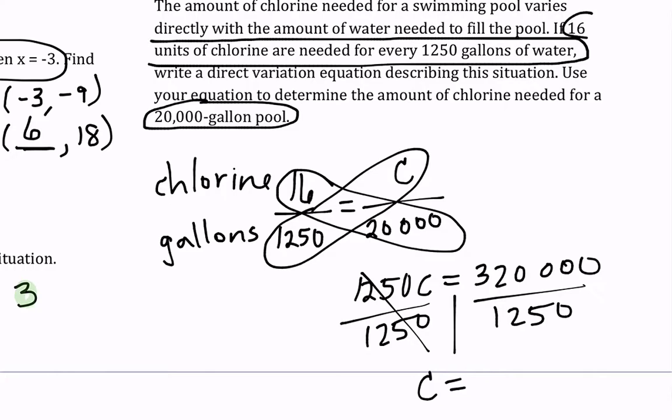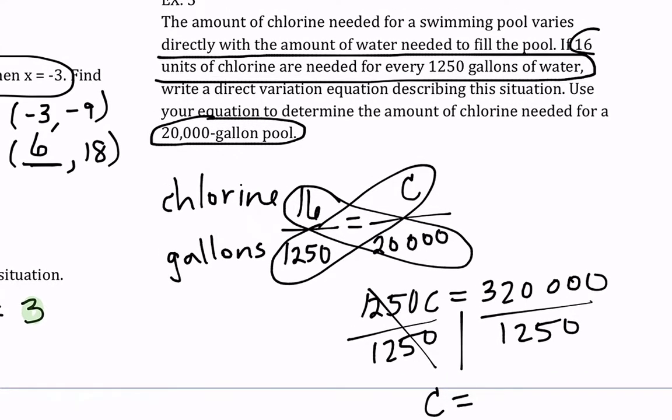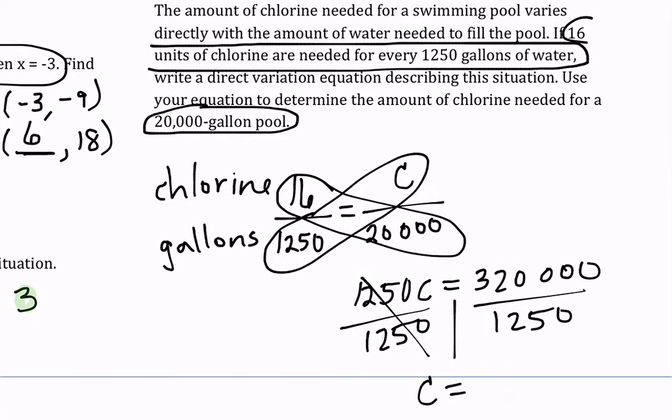320,000 divided by 1,250 comes out to be, oops, 256, and it was talking about units of chlorine.